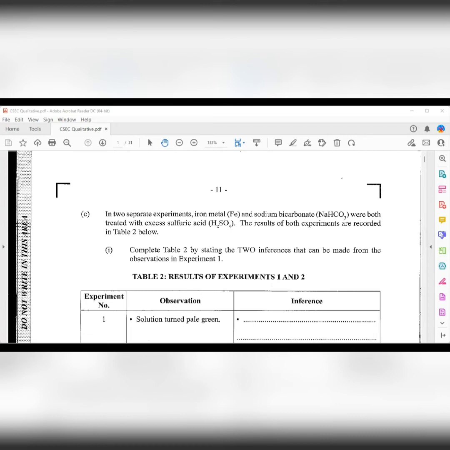Now the anions that you need to identify for qualitative analysis here are the sulfate ion, sulfite ion, carbonate ion, nitrate ion, and the halides: chloride, bromide, and iodide.